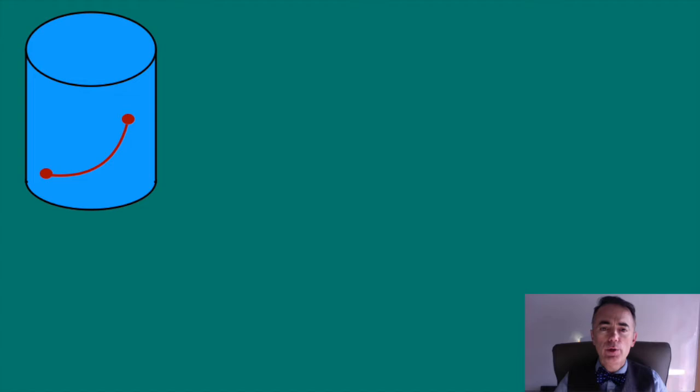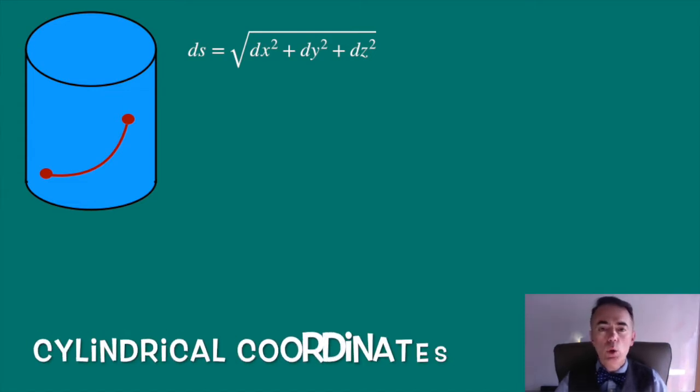The first thing you need to do is to write the element of distance in this surface. The element of distance is ds equal to the square root of dx squared plus dy squared plus dz squared. But because of the symmetry and because you are taking a course on classical mechanics, you choose to work in cylindrical coordinates.